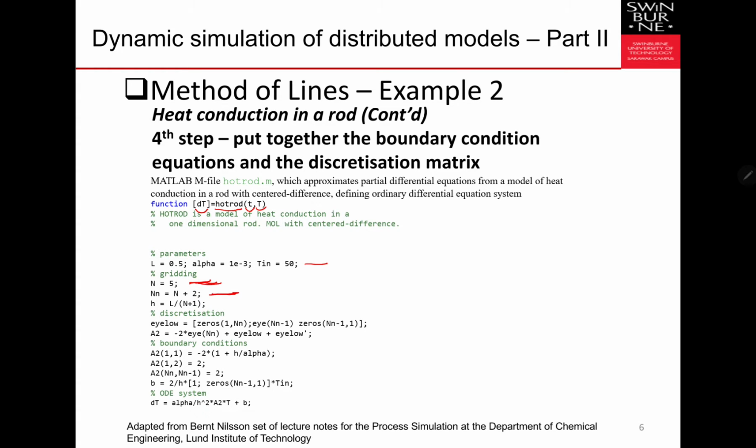This one refers to the number of internal grid points plus the boundary points, and then we check the step size. Then we use ILO to help us make a matrix. Then we change the three components in the final matrix, define this b, and then this dT will be equal to this.